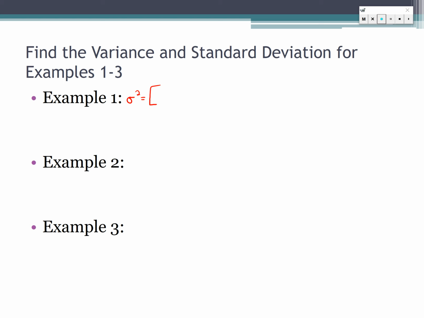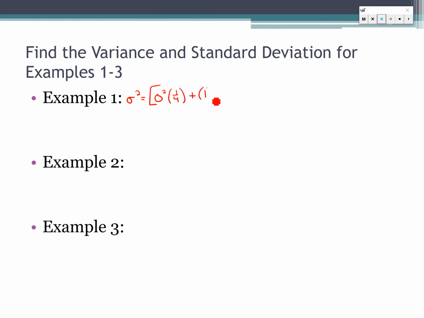The first possible outcome was if I toss 0 heads. So I take that first outcome, and now since I'm looking at variance, I square it. Then I multiply it by its corresponding probability. So it's really similar to finding the mean. Biggest difference is we're going to square each outcome first.